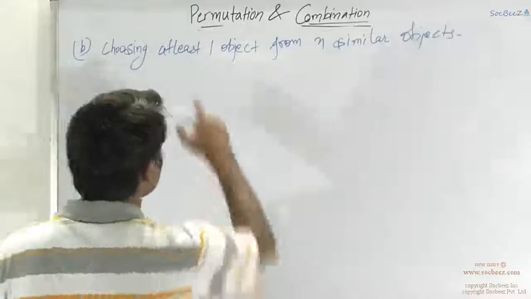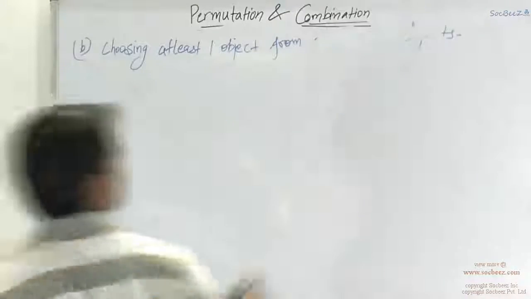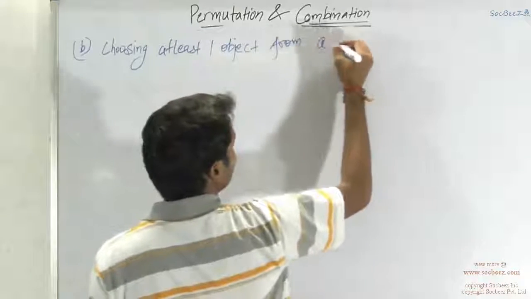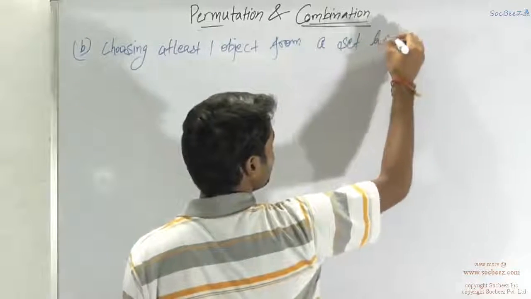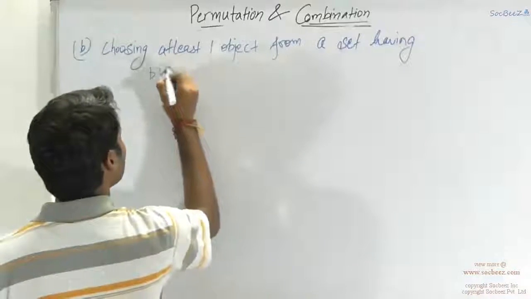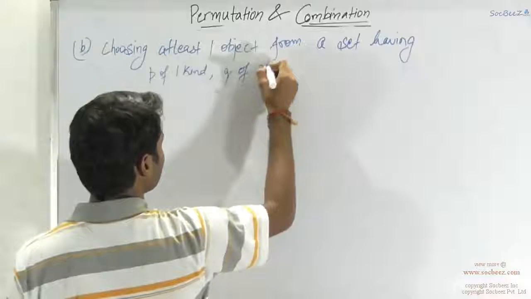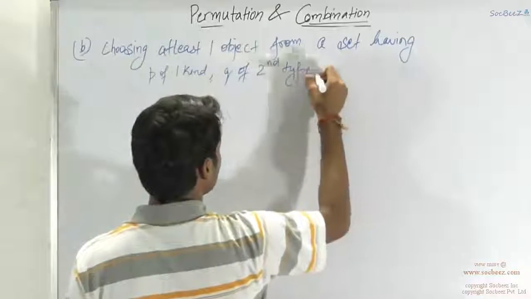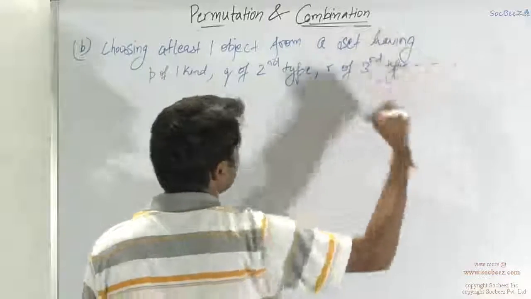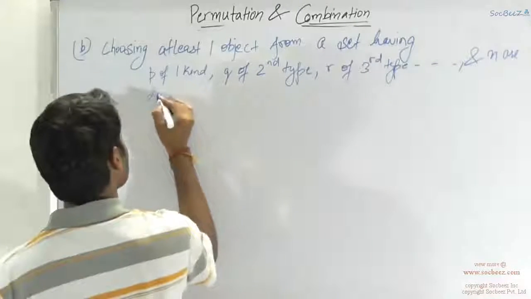So the third case would be choosing at least one object from a set having P of one kind, Q of second type, R of third type, and similarly, and N are different.